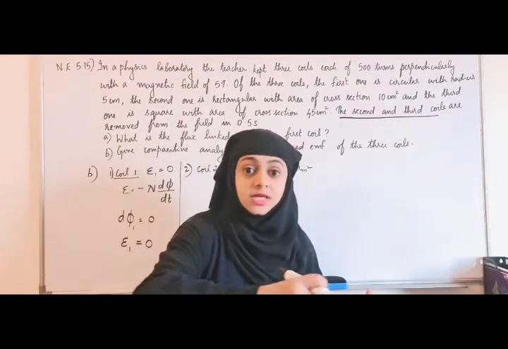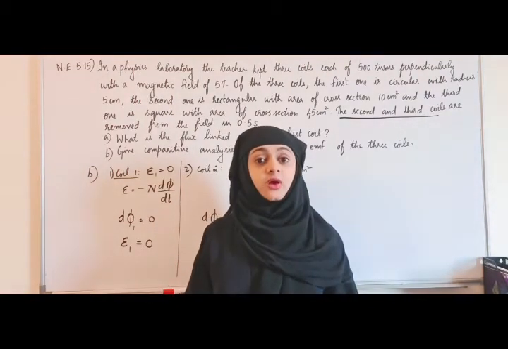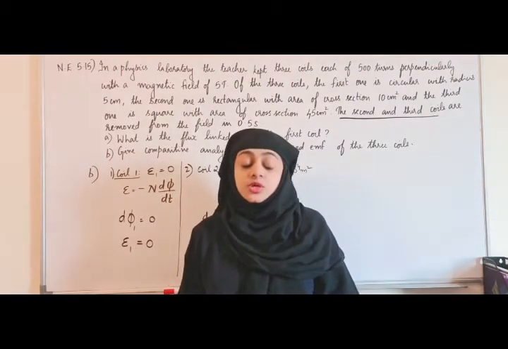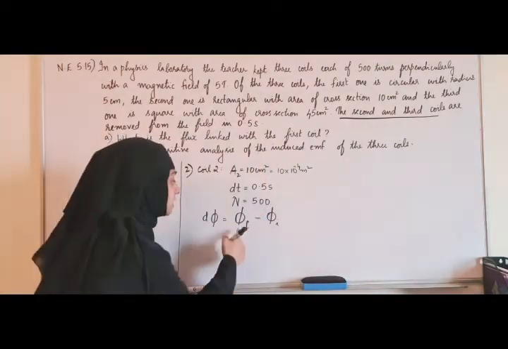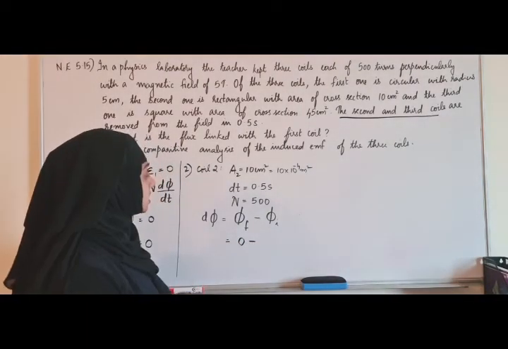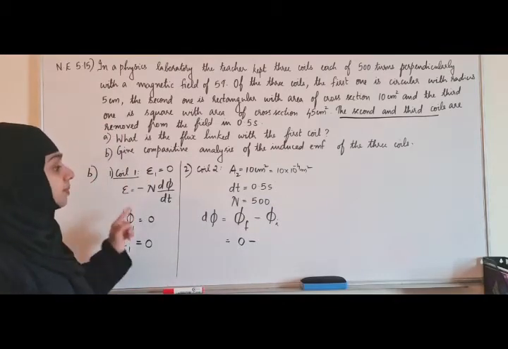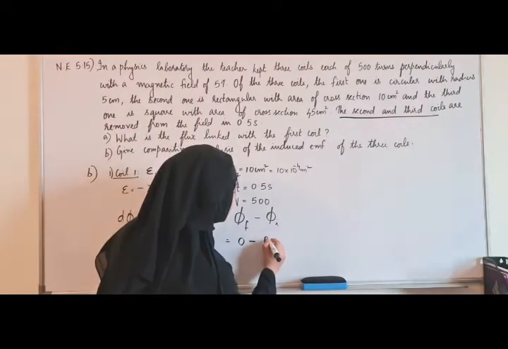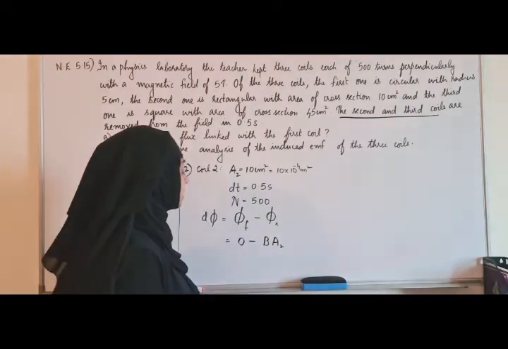The coil is taken away from the magnetic field. So, there is no magnetic field around it, and the magnetic flux linked with the coil will be 0, because B is equal to 0 once it is removed from the field. So, we can put the final flux as equal to 0 minus the initial flux. Initial flux is equal to B dot A. So, let me put it as B times A2, because we are dealing with the second coil.